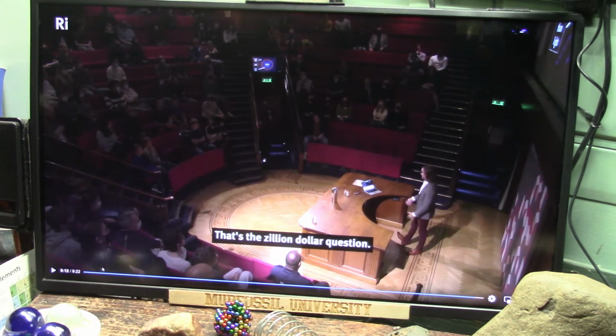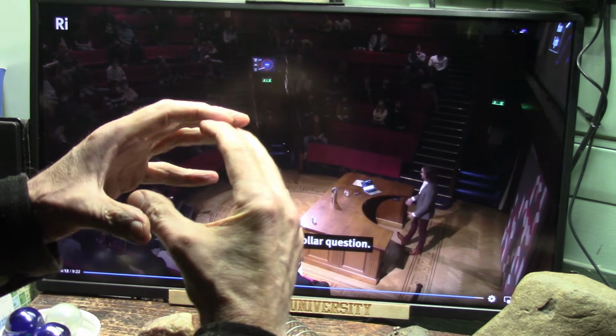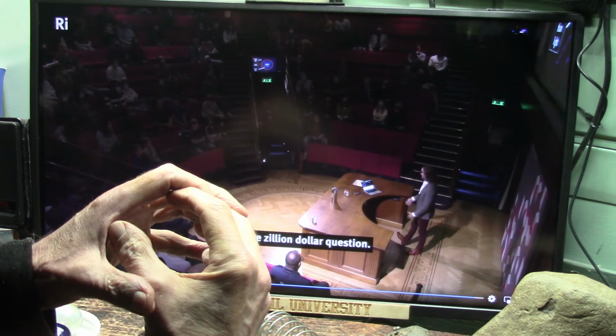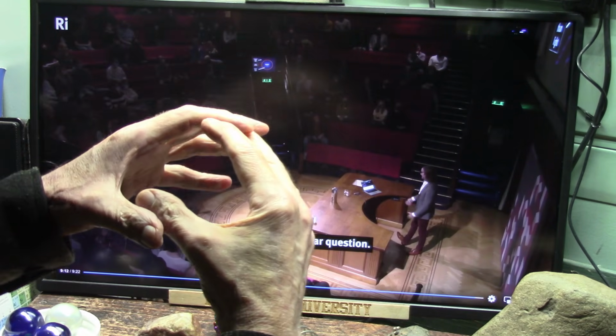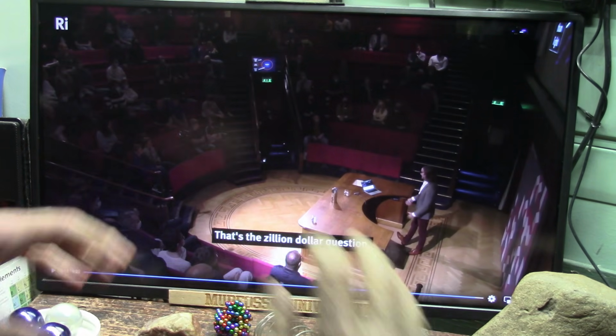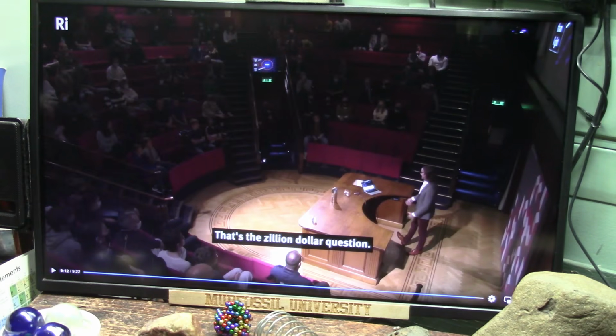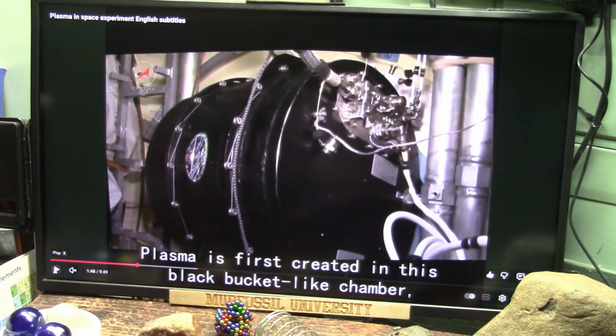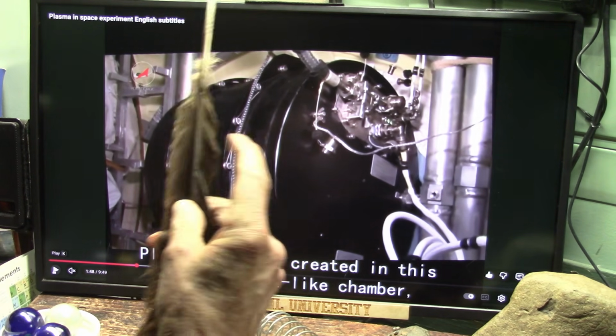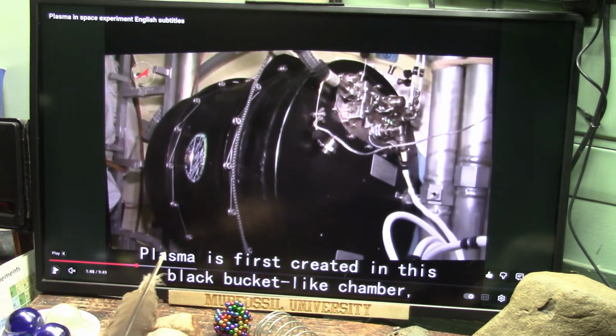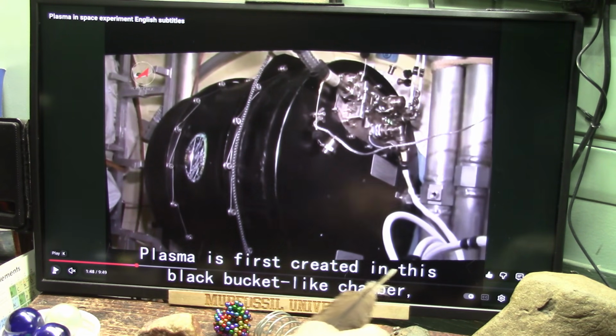What's going on inside of the black hole is nothing more than the black parts being collected and pushed to the center, as I showed you. All right, so here they are in space, and their plasma is first created in this black bucket-like chamber.